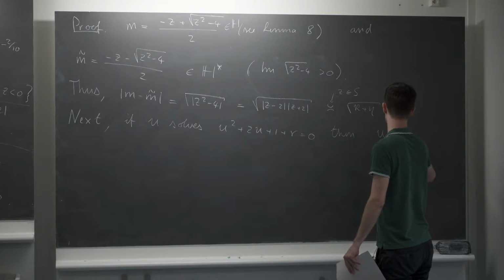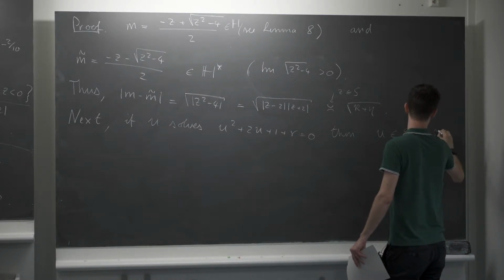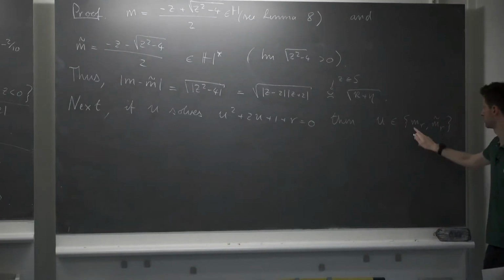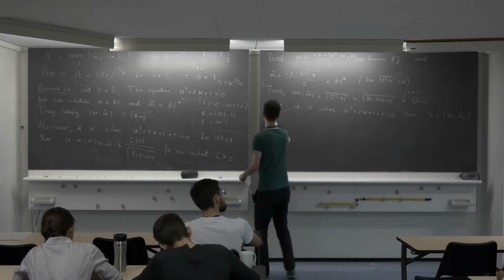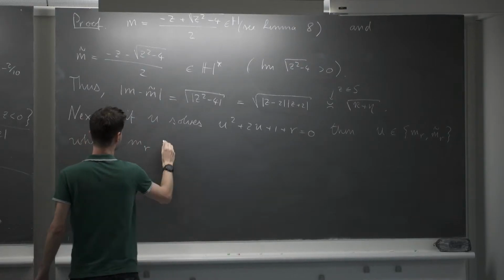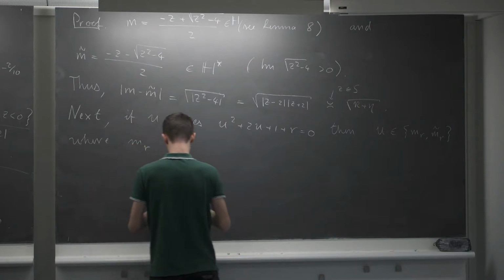So then I find that u is one of the two solutions of this quadratic equation, which I denote by m_r and m_r tilde.